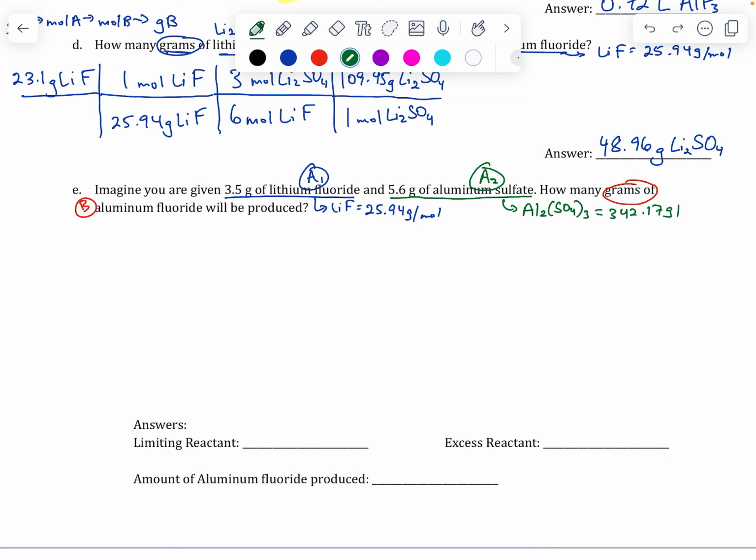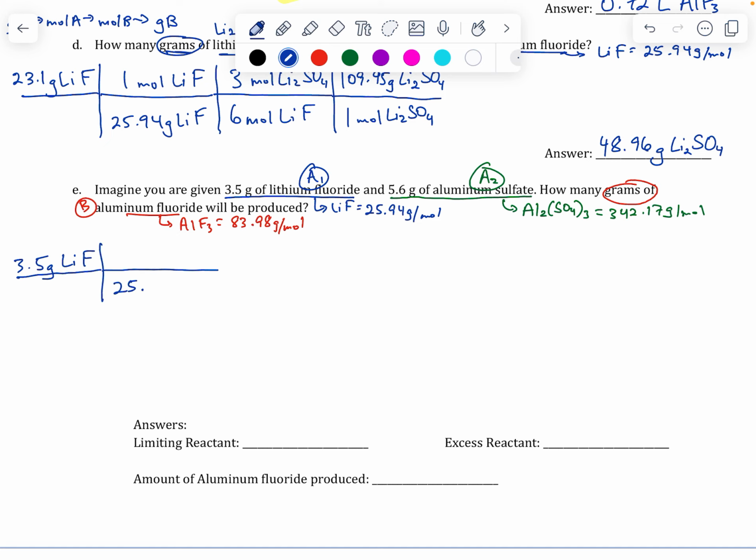Oh my goodness. And then, of course, because I want grams of aluminum fluoride in the end, I know that aluminum fluoride has a mass of 83.98 grams per mole. So I have all my molar masses, which are going to allow me to go from moles to grams of each of these things. And now let's go to work. So 3.5 grams of lithium fluoride.